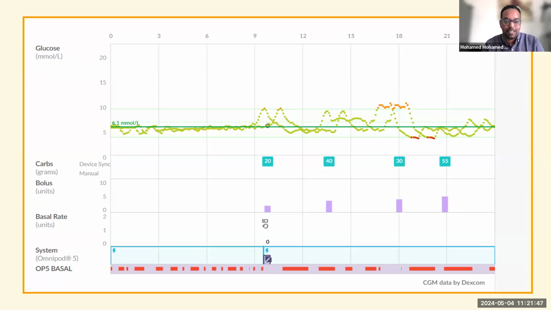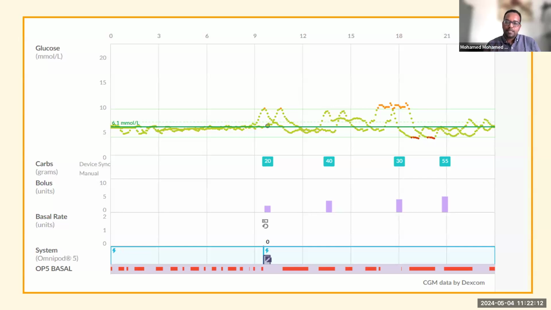But we can change that. And this is for this patient specifically, because probably we start at 6.1, and then we can change this. Let's first define what a target glucose is. Target glucose in a closed loop system is the glucose above which the system must correct.